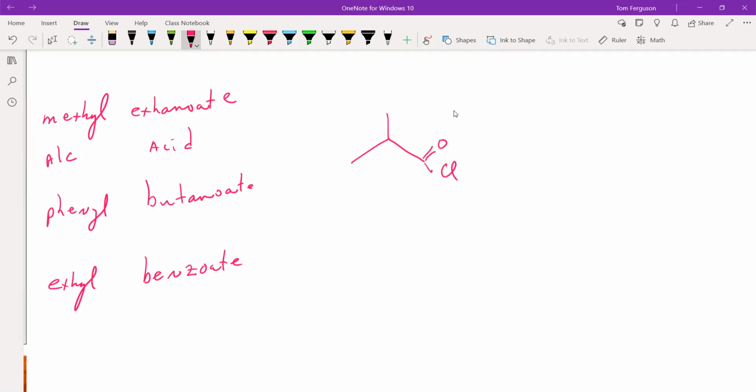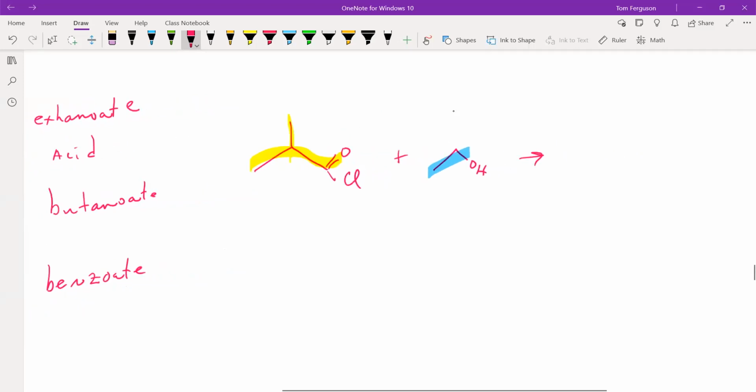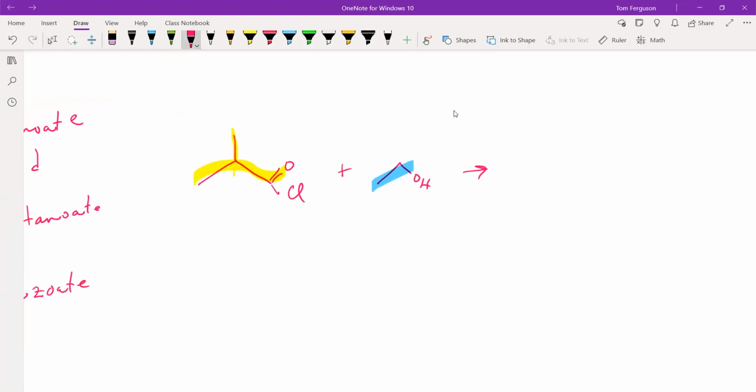Let's take the acid chloride and let's add in ethanol. Okay, so now we're going to start with the acid side.